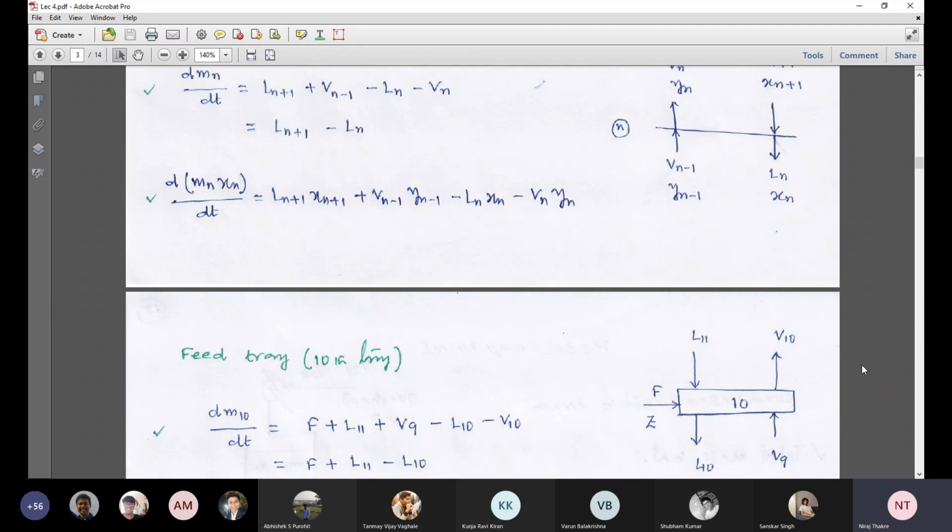Got this equation, anyone? Yes, sir. Okay. Component balance.